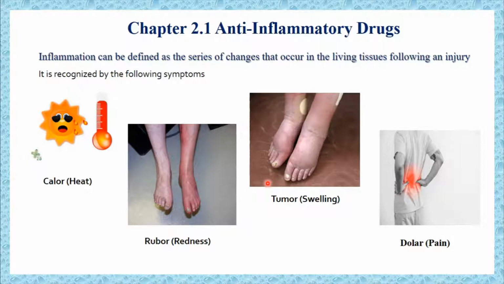So this is all about anti-inflammatory drugs and its symptoms: heat, redness, swelling, and pain.